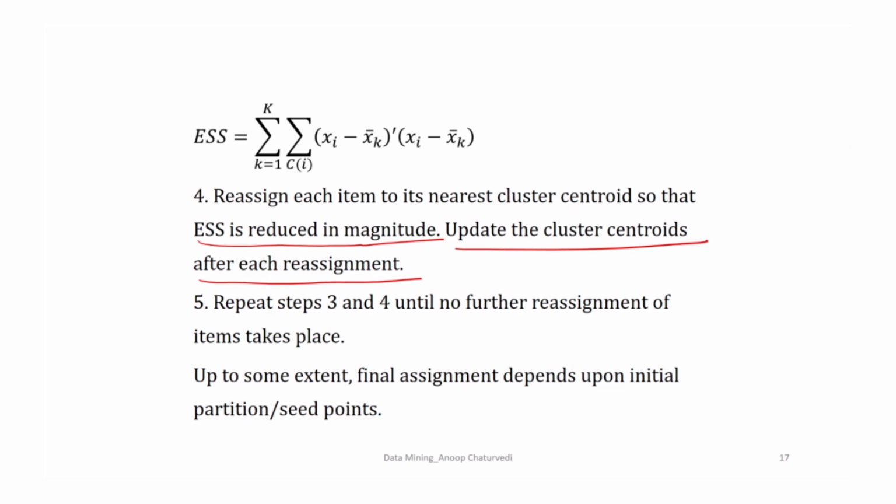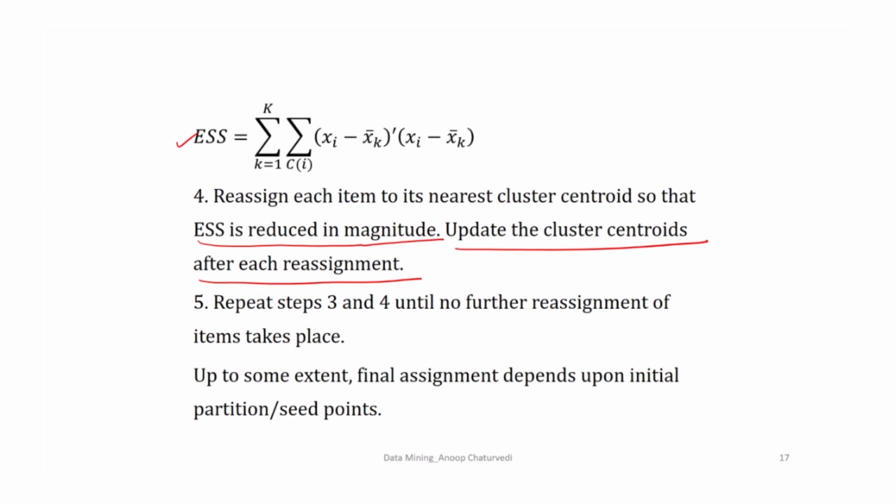You have computed ESS, then you have reassigned each item to its nearest cluster centroid. Of course, that item may remain in the same cluster to which it belongs, or it may switch over to some other cluster, and ultimately your criterion is that ESS is reduced in magnitude.